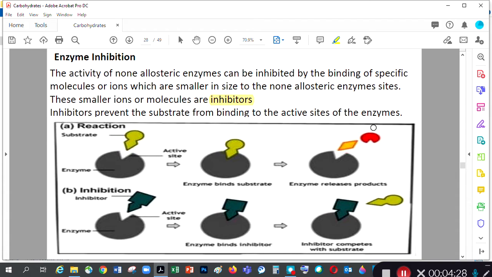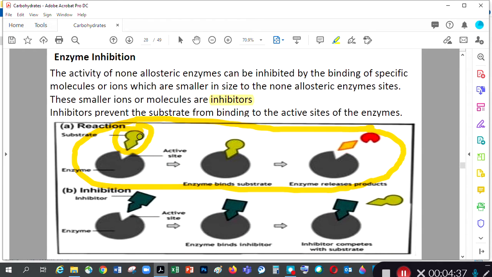This is a normal reaction for the enzyme. You have a substrate coming in, and the shape of the enzyme is nicely done, see? And the fit of the substrate with the enzyme, see, very nice fit. It fits very well, and therefore the reaction will produce products.